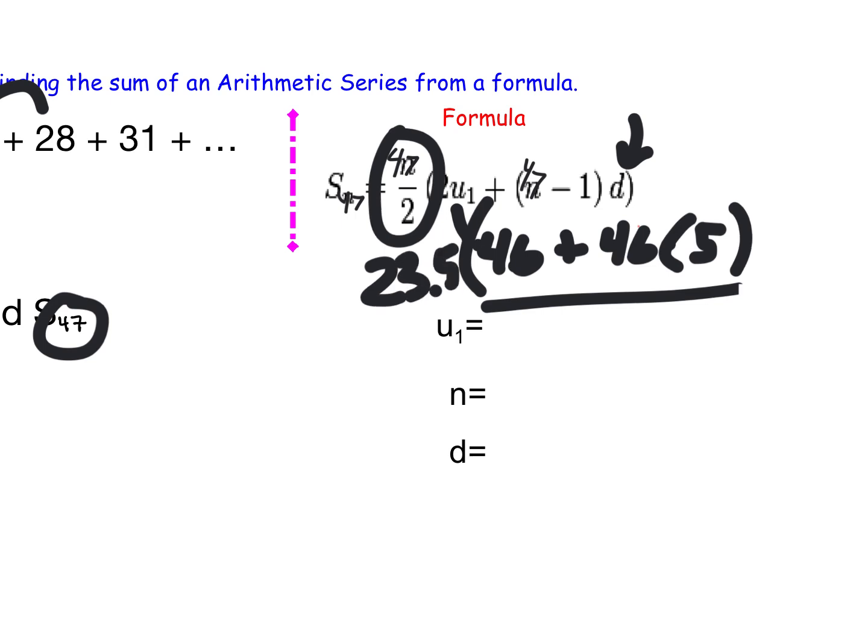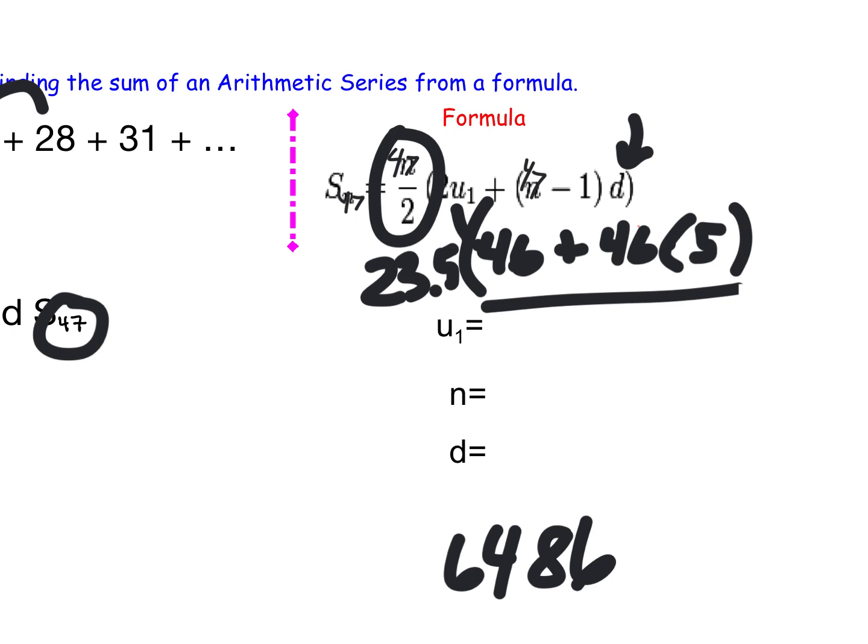And then I take 23.5 times 46 plus 46 times 5. I could have made a mistake here, but I got 6486. Did anybody else get 6,486?